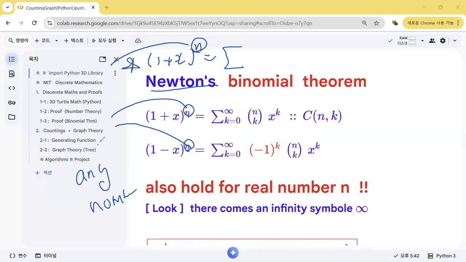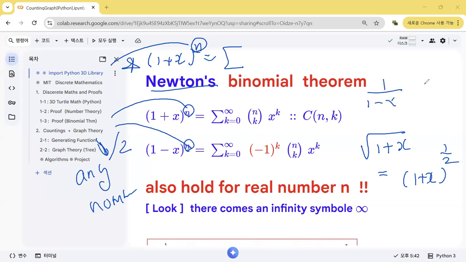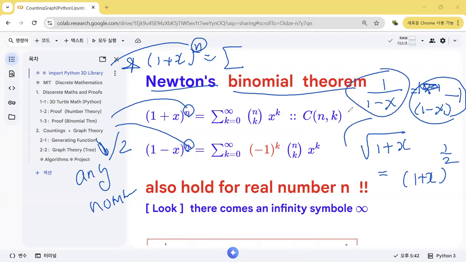I mean, it can be one over two. So Newton can now study this one. This is (1+x)^(1/2), okay? And also this one is now (1-x)^(-1). So now Newton's generalized binomial theorem can approach this one and this one also, because now this n can be a negative number or a rational number, any number.